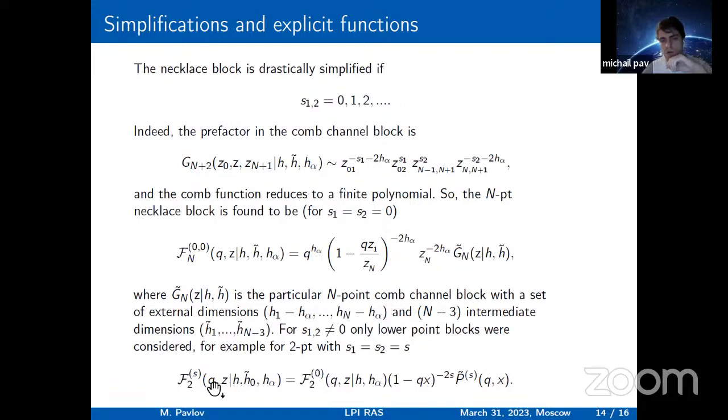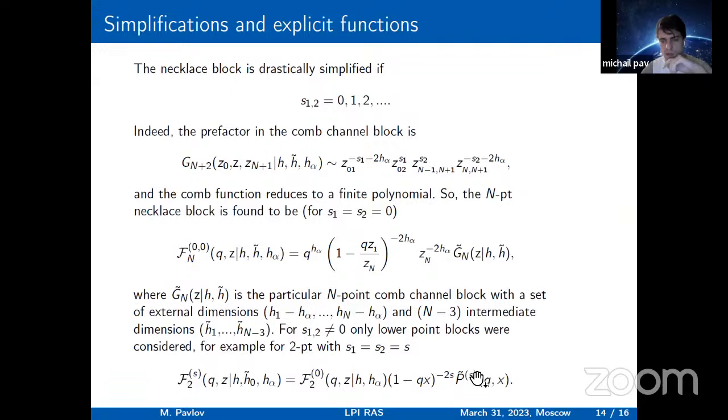But we did it for lower-point blocks. For example, for the 2-point block, we found such an identity, which is the following. For integer s, we have a block which corresponds to the case s equals 0, multiplied by this function and some polynomial of q and x.